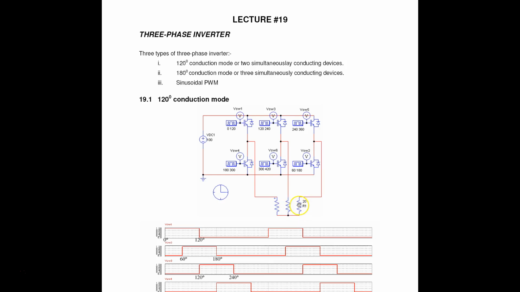Okay, so as I mentioned in the full wave rectifier topics, the arrangement or the labeling of the controllable switches, or the thyristors back in the rectifier, is always in the arrangement of switch 1, switch 3, switch 5, switch 2, switch 4, and switch 6.